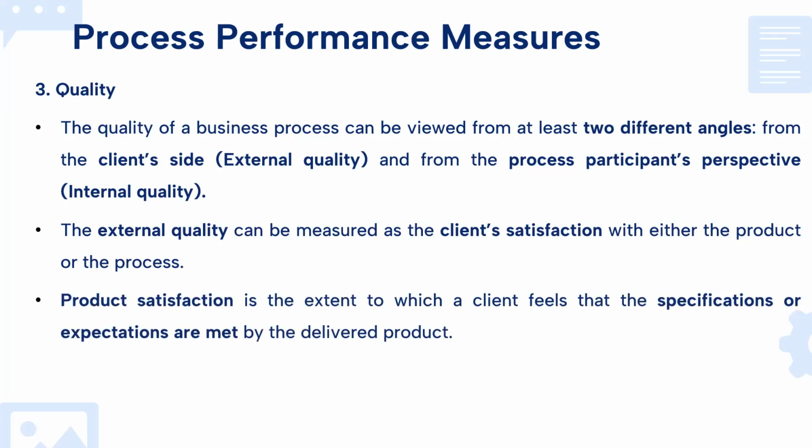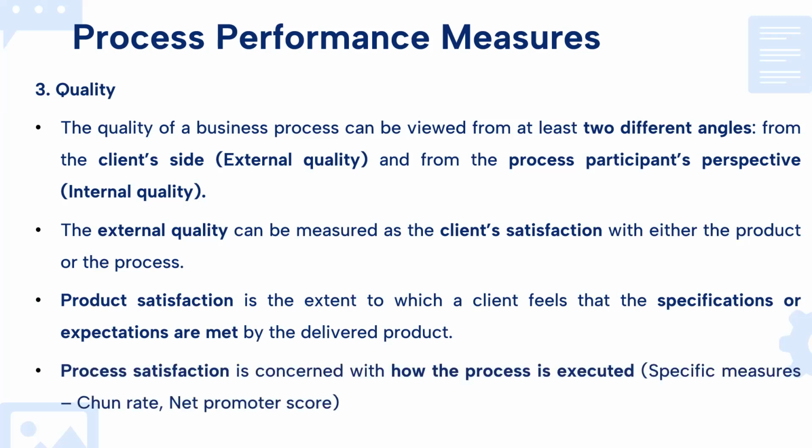We can identify two satisfactions based on the product or the service. If it is a product, it is product satisfaction. Product satisfaction means the ability of the product to meet the customer specifications or not. After identifying the quality standards, we have to improve them. The next one is process satisfaction, based on how the process is executed.